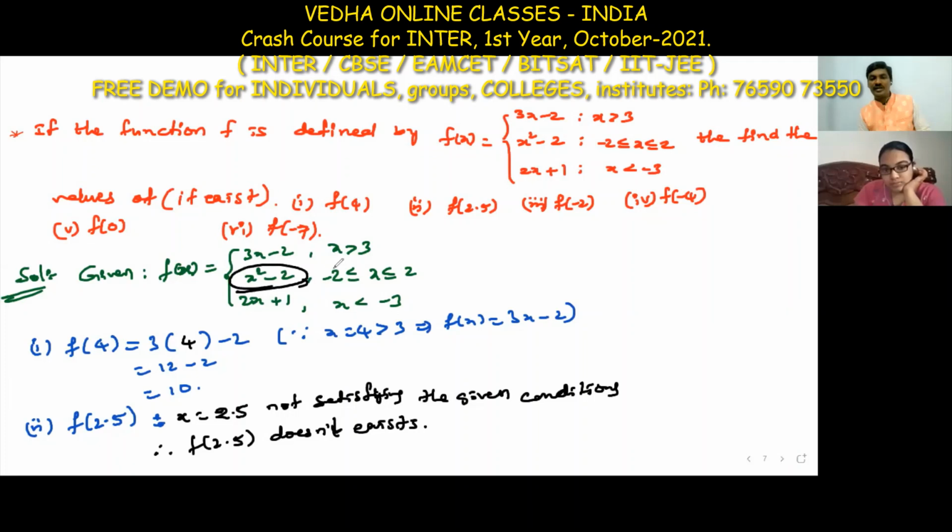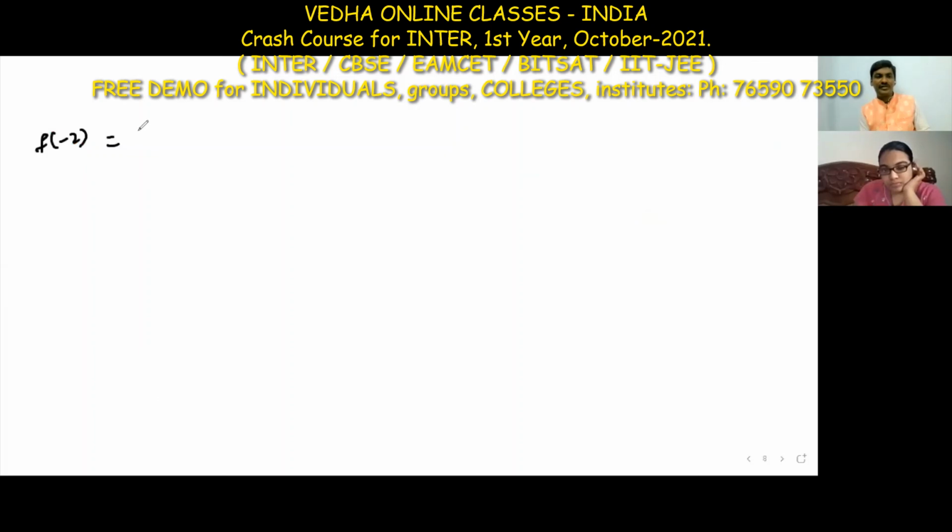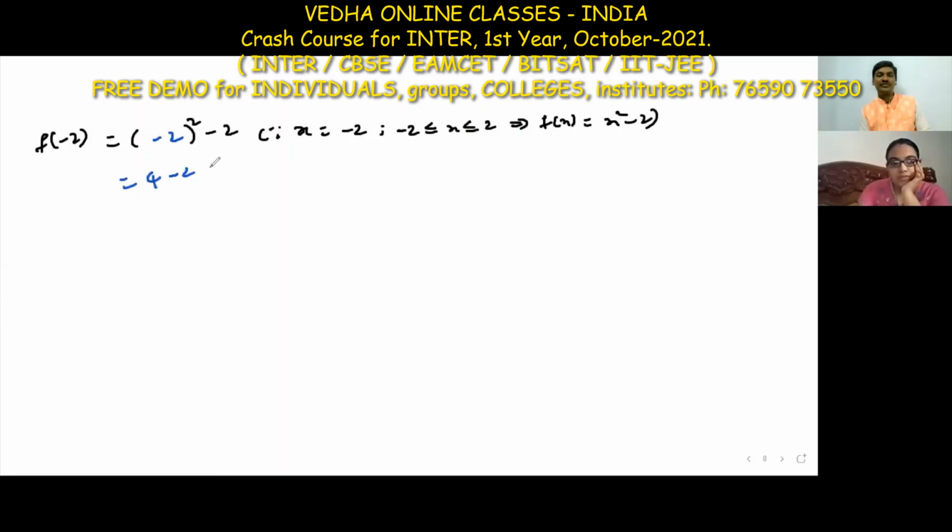Since x is equal to -2 satisfies the condition -2 less than or equal to x less than or equal to 2, f of x is equal to x square minus 2. In place of x we have -2. Write (-2) square minus 2: 4 minus 2 is 2.